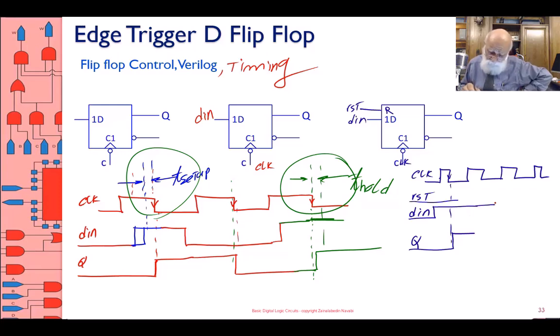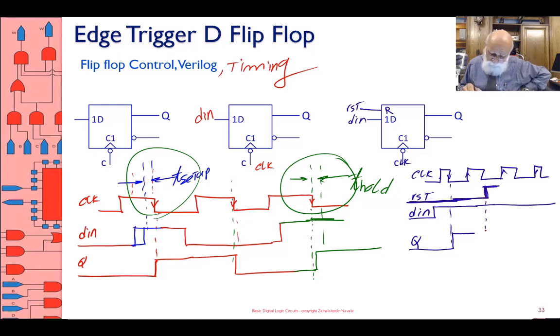The D input remains 1, remains 1, remains 1. Let's give it a little bit more time. At this time, reset becomes 1.